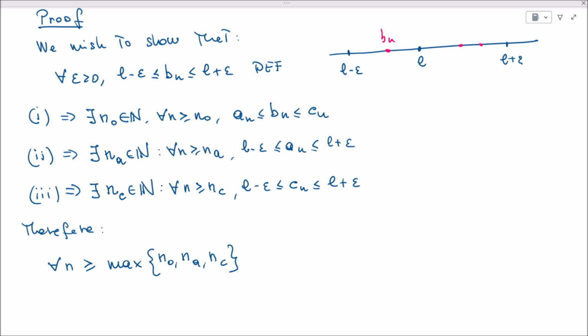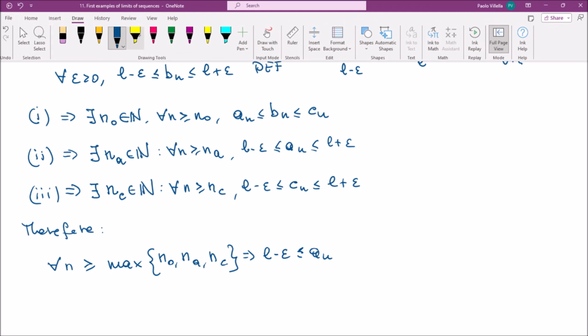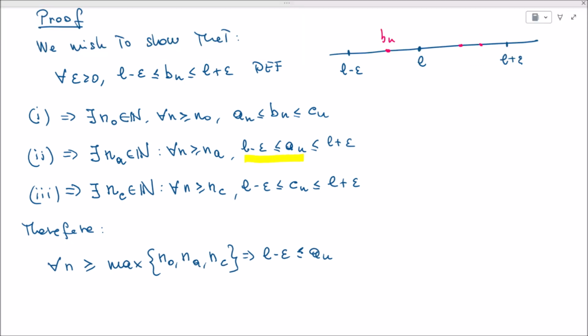So which implies that basically L minus epsilon is less than or equal to An, and we are now using this part of the second statement.